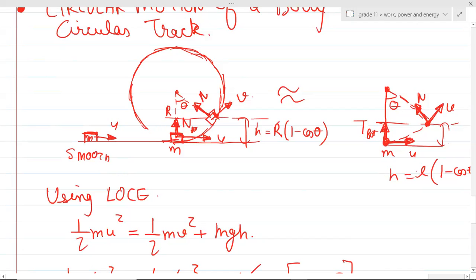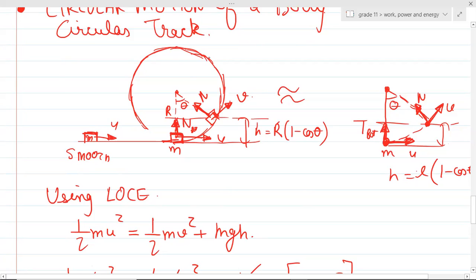Similarly, if it is thrown with under root of 4gl, then it will go to an angle of 131 degree, where in the previous case the tension was becoming zero. Here what will become zero? The normal reaction will become zero at 131 degree.